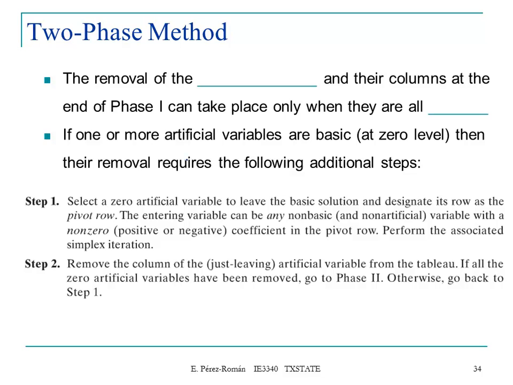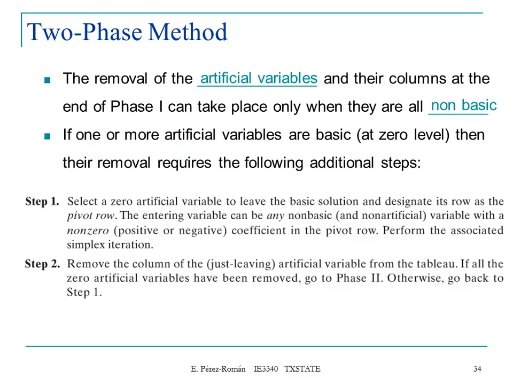Okay, so to summarize, the removal of the artificial variables and their columns at the end of phase 1 can take place only when they are all non-basic. If one or more artificial variables are basic at 0 level, then the removal requires the following additional steps. Step 1: select a 0 artificial variable to leave the basic solution and designate its row as the pivot row.